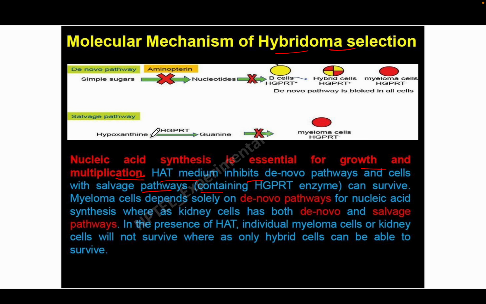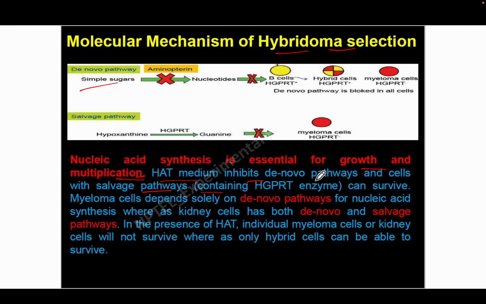But cells also have a salvage pathway, where whichever cell has the HGPRT enzyme will produce guanine or nucleotides from hypoxanthine. But HGPRT minus cells will not be able to access this salvage pathway. So eventually in HAT media, when they can't access the de novo pathway, they will die.